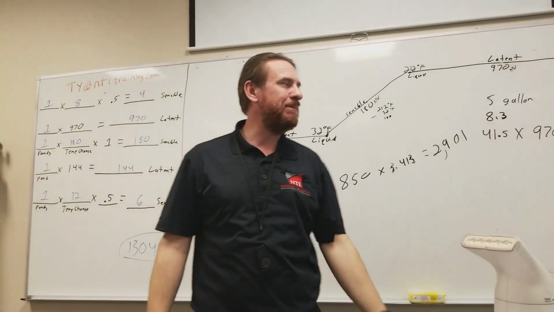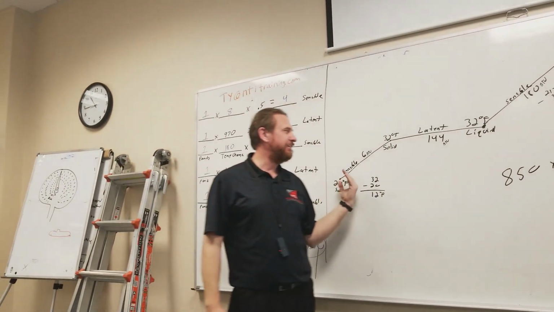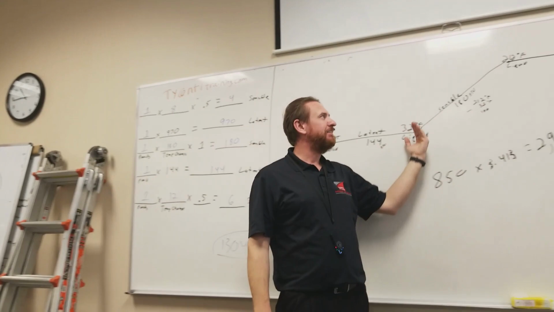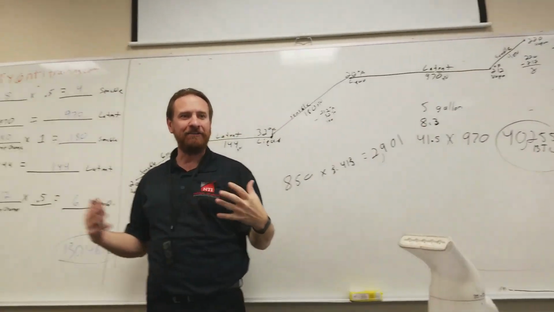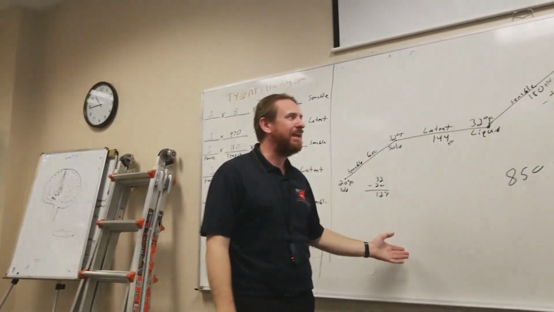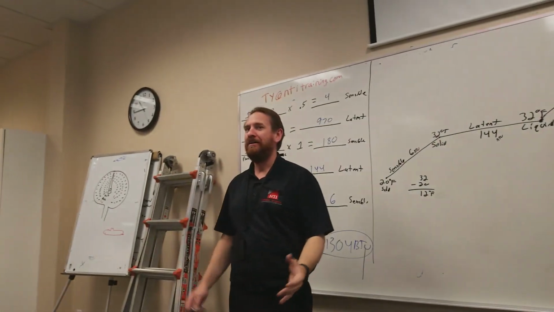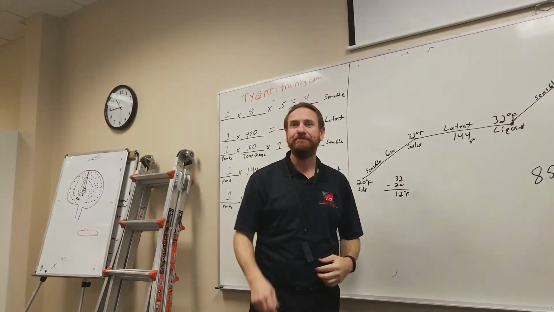So it's not that we're going to be calculating this often, but they just want you to see the difference between sensible and latent, the change of states, how it's happening. The more that you see that, the more you get into it. So if you got that wrong, it's okay. I'm not worried about that, but I do want you guys doing it. And the more that you do it, the more you see it.